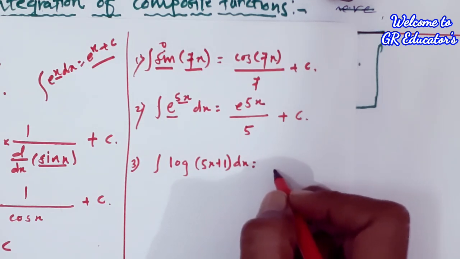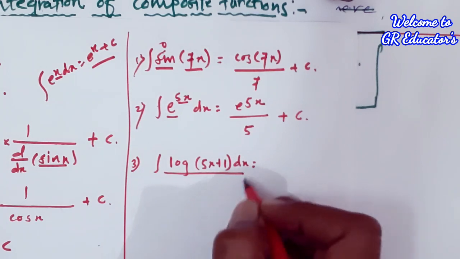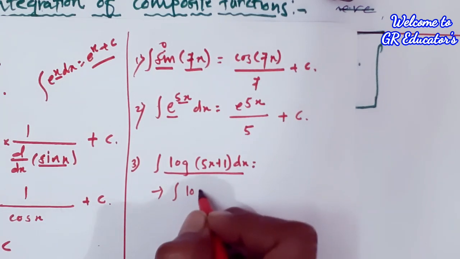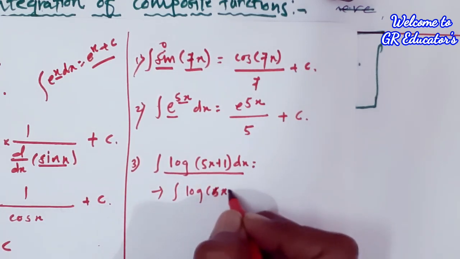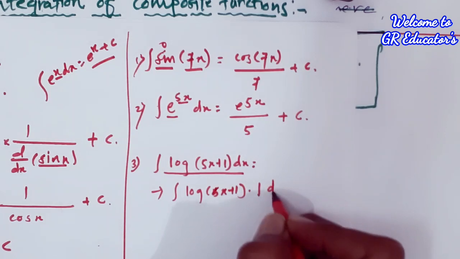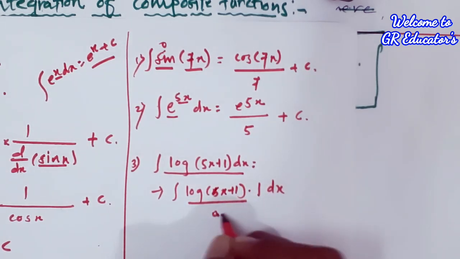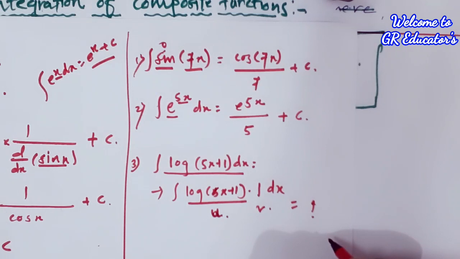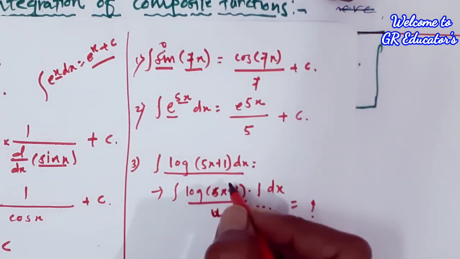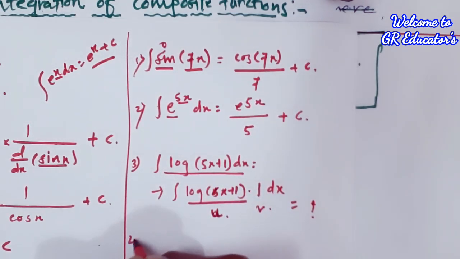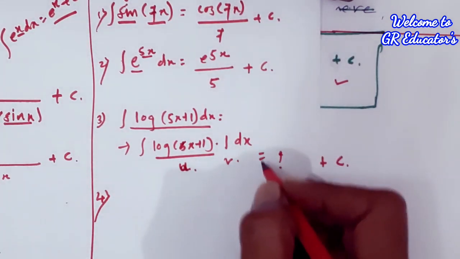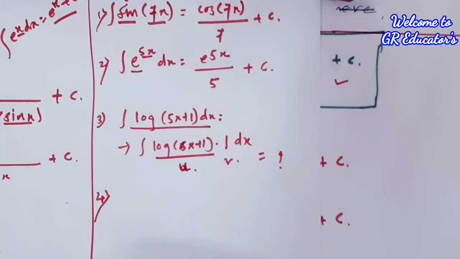You can't define it directly, you need to solve it like integration of log of 5x plus 1 into 1 dx, and then apply the u into v form. So in this way you can find the answer. This is the method to solve the log of such functions. I am not solving it now. If you require, I will give the solution. You can mention in the comment box if you want the solution.